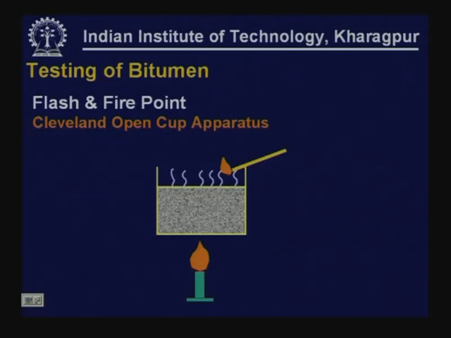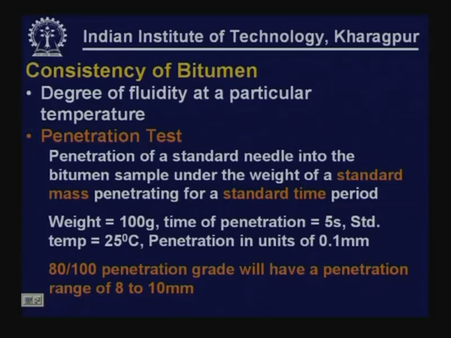In this, the bitumen is heated gradually. As the vapors come, fire is put to that, and then if you can observe a flash, that is the flash point temperature, and the temperature at which the vapors start catching fire, that is the fire point temperature.